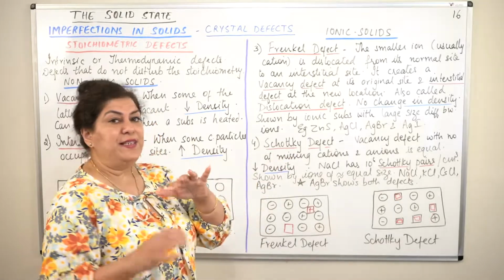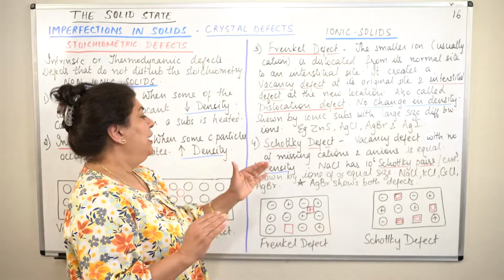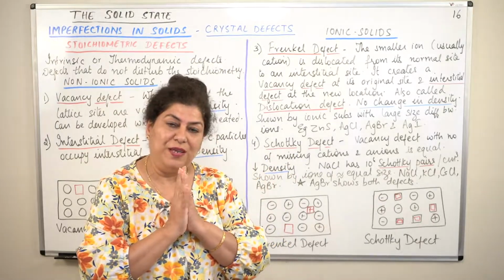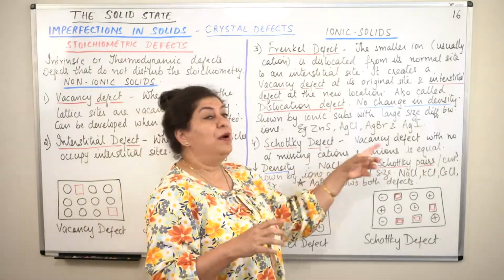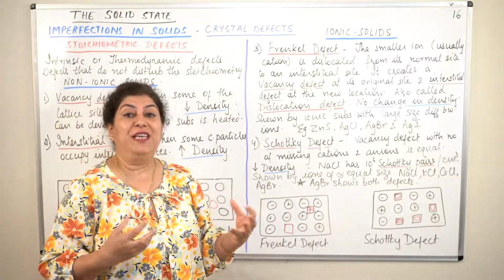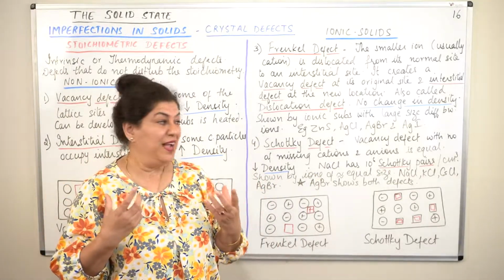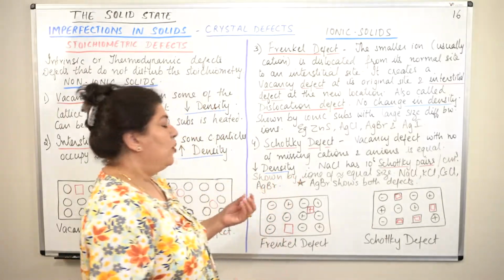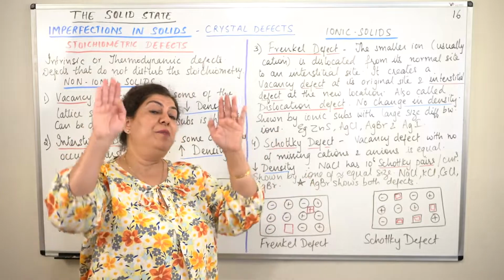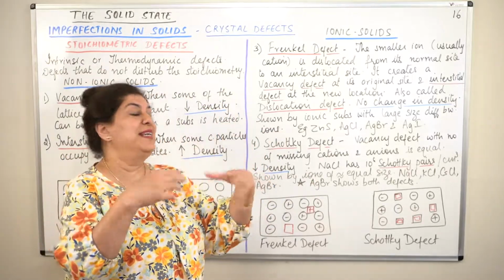So, Schottky defect is a vacancy defect in which the number of missing cations and anions is equal. Therefore, these missing pairs of anions and cations are known as Schottky pairs.